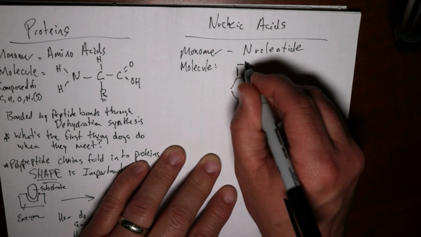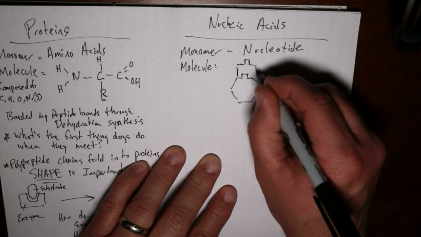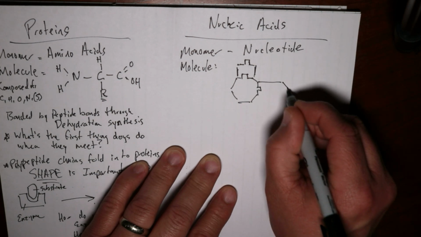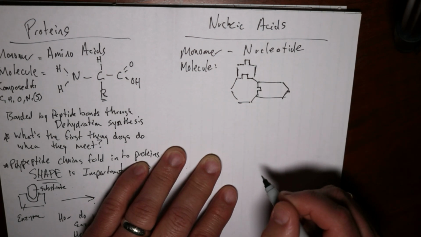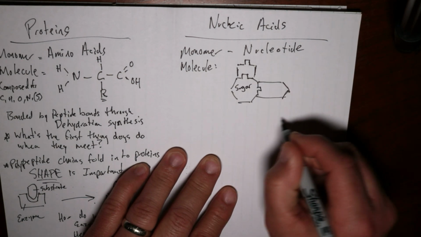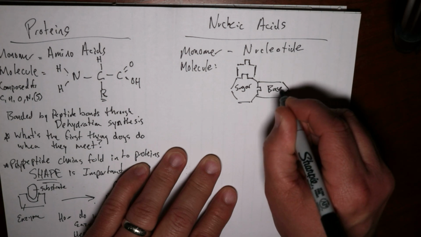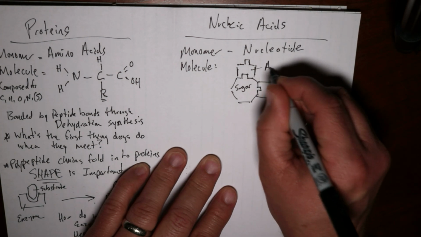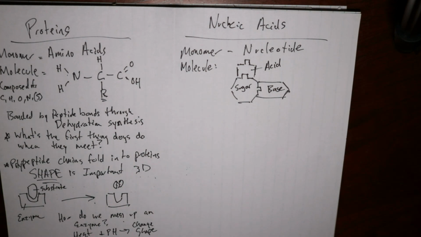Because all the models you cut out looked like this. Let's label it. So what do we have right here? This is our sugar. This is our base. And this is our acid. So a nucleotide is made of 3 parts: an acid, a sugar, and a base.